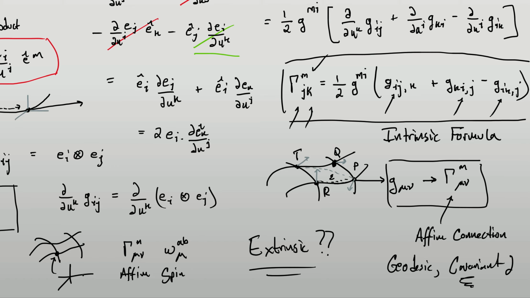Okay. And so the connection between the basis in our manifold and our chosen orthogonal basis is given by this guy, the spin connection. This is where interesting physics begins to take hold.